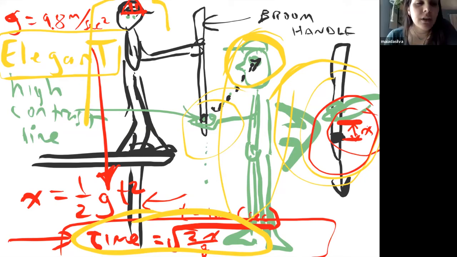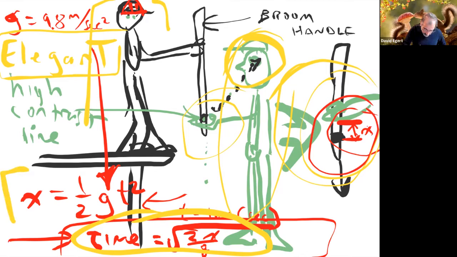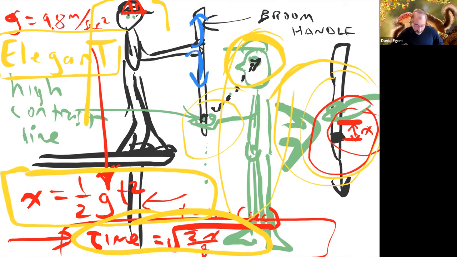I was also thinking that the stick dropper needs to make sure they're just releasing the stick and not adding any acceleration downward. Exactly. So this equation that I gave you here, this is assuming that the movement of the stick is purely due to gravity. If this person here actually gives it a little lift or gives it a little push down, then this equation no longer holds.